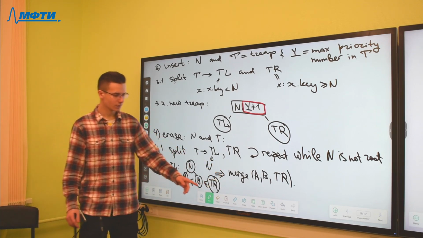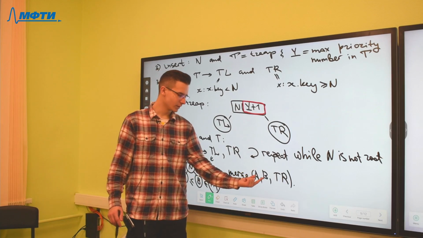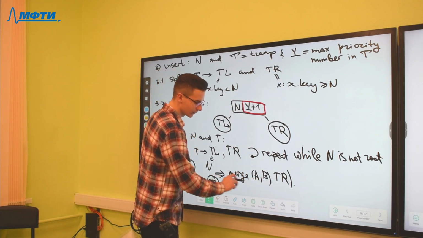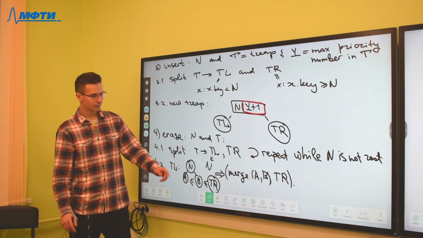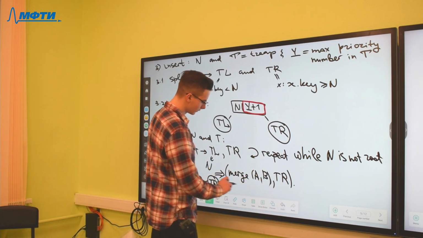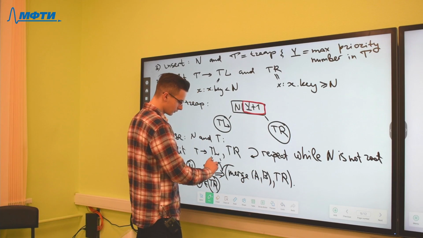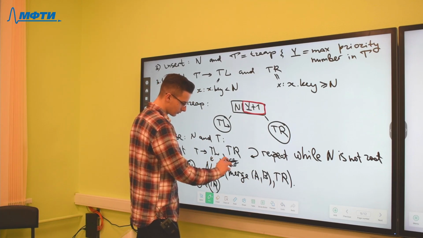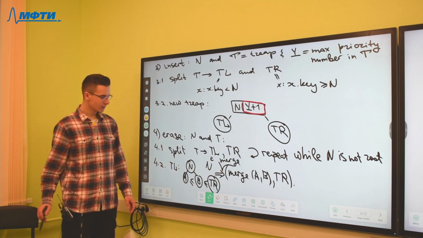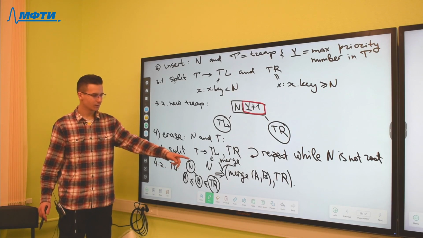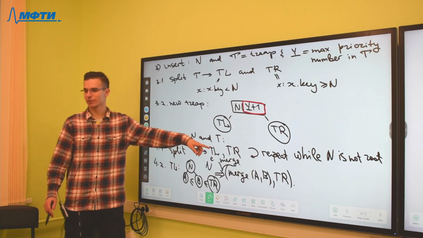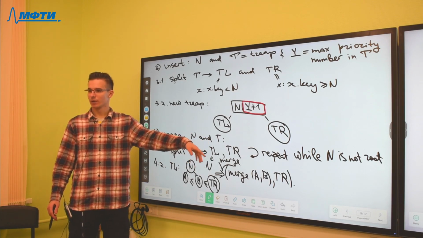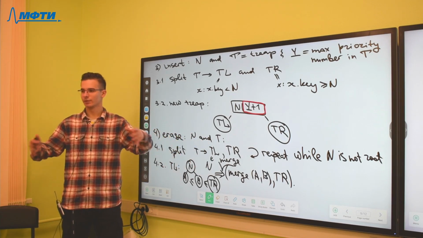Of course, we merge, for example, initially these two and then the new treap and TR. Of course, if n is not the root of the TL, we recursively split it in two treaps and then recursively merge it.